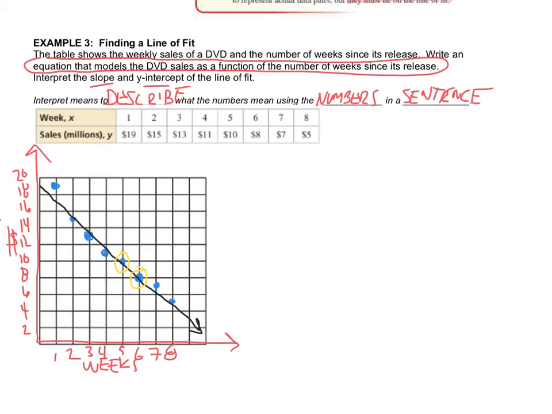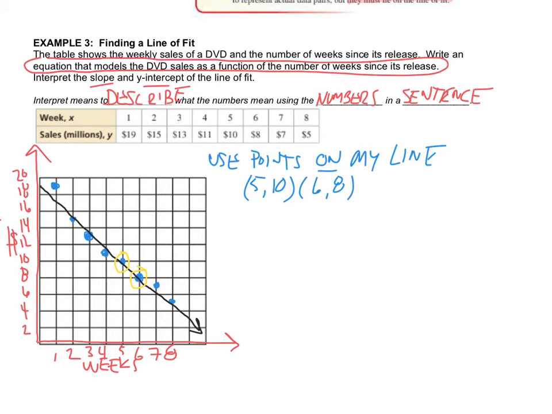So what I'm going to do is use two points on my line, and we're going to use the points (5, 10) and (6, 8) to write my equation.